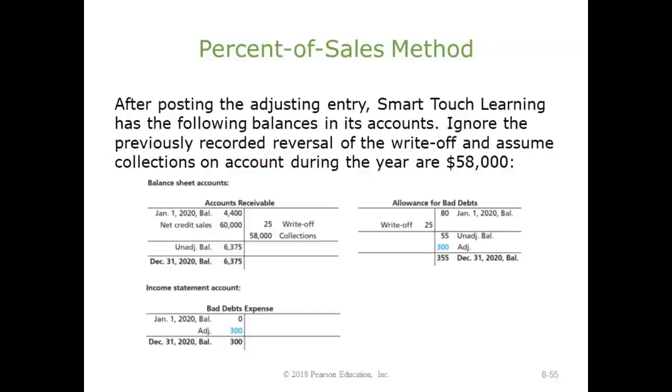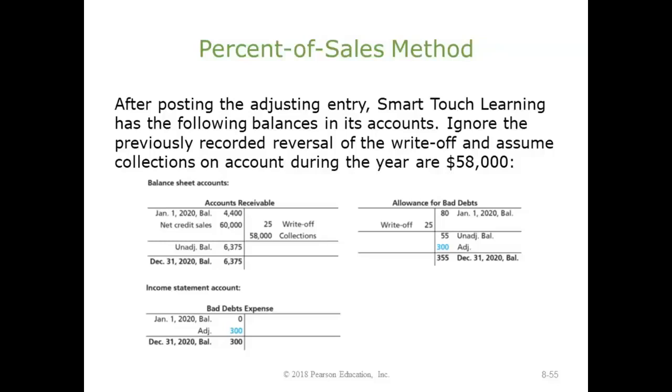Write-offs are always a debit to the allowance for bad debt, and any credits to the allowance for bad debt are going to be your bad debt expense. So this is a good T account. There are really only two things that happen to the allowance. You're going to increase the allowance via bad debt expense, and you're going to decrease the allowance via account write-offs.